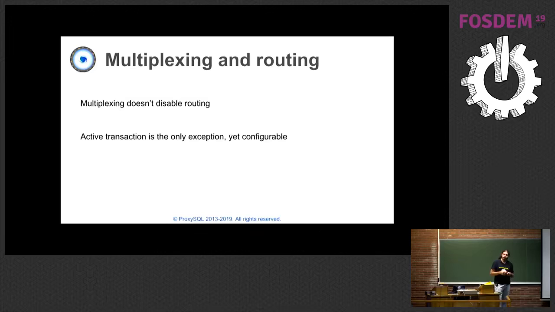Sorry? Repeat the question. Oh, yes. So the question is about what happens if you have a query that has session variables, so specifying an @, and it is a DML statement that goes to the writer, and then you have configured ProxySQL to send the select statement to the reader.